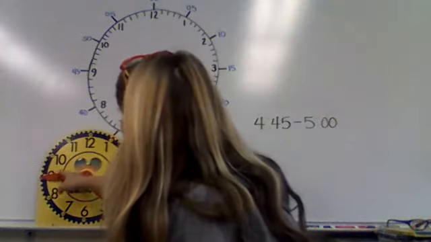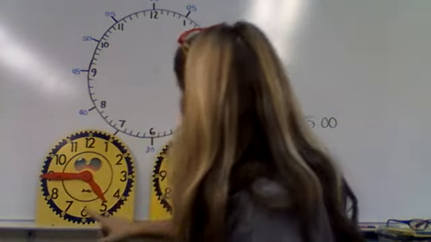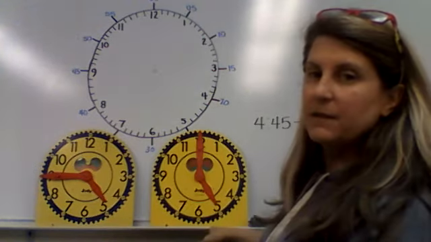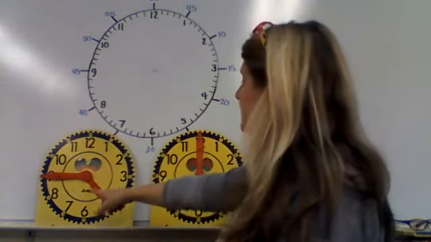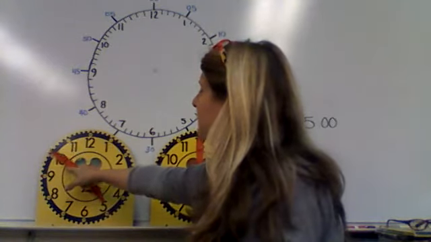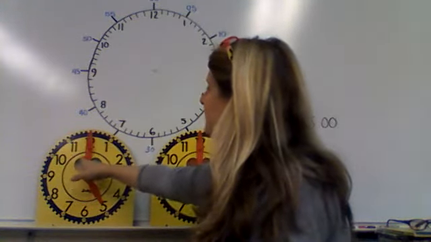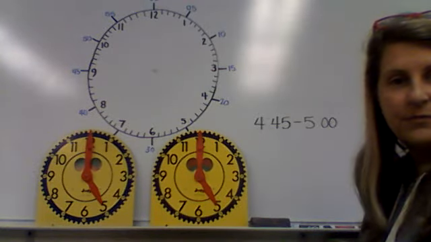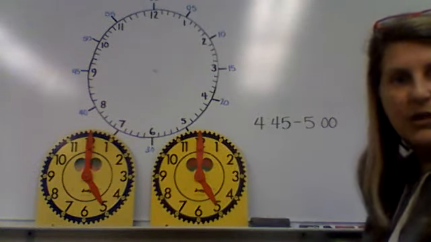So, how many minutes would that be to go from here to here? Well, let's look at it. Here's 4:45, 5, 10, 15. It's only 15 minutes. And now they're the same, aren't they?